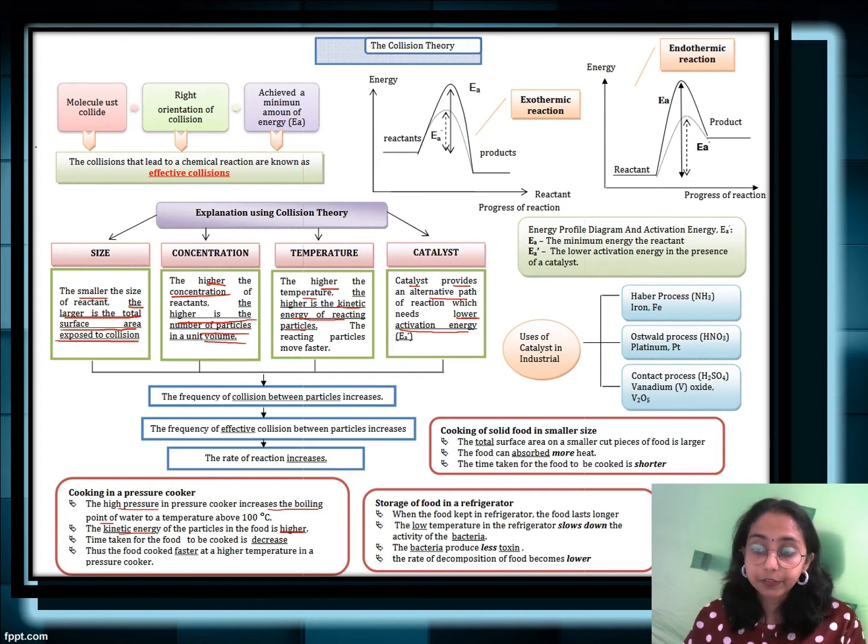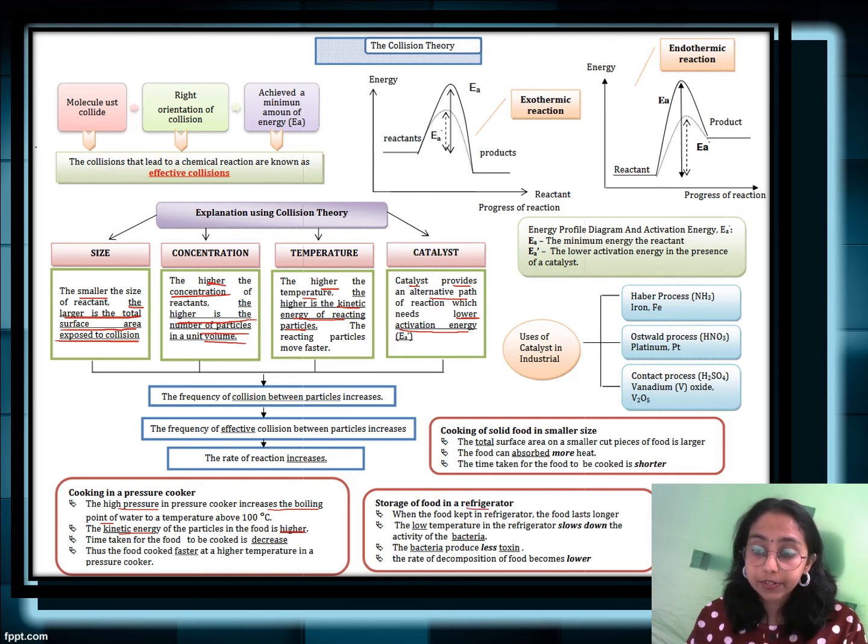Next, storage of food in the refrigerator. Usually this type of question will come up for essay. They will ask you to explain why the food stored in the refrigerator lasts longer compared to the one left in the kitchen cabinet and so on. So in that case, students, you have to determine the factor. In this scenario, the factor that applies is temperature.